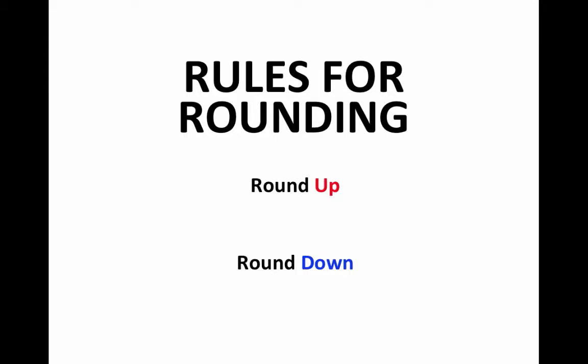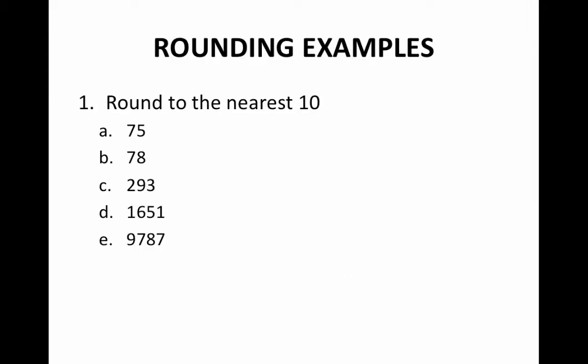So let's look at an example here. For each of these numbers, we want to round to the nearest tens place. And of course, you can always round to any place value that you want or is asked of you. But in this example, we're just rounding to the nearest tens.